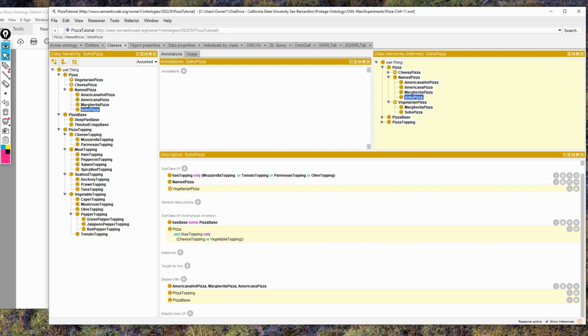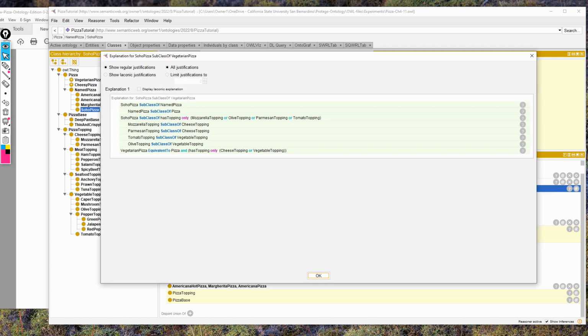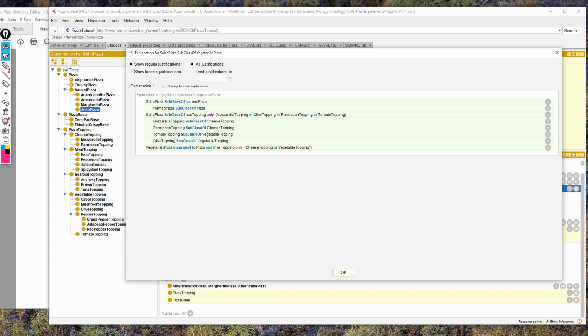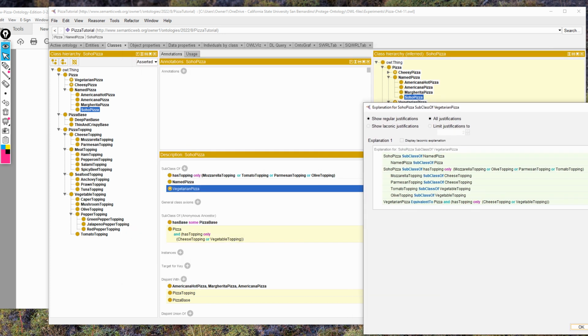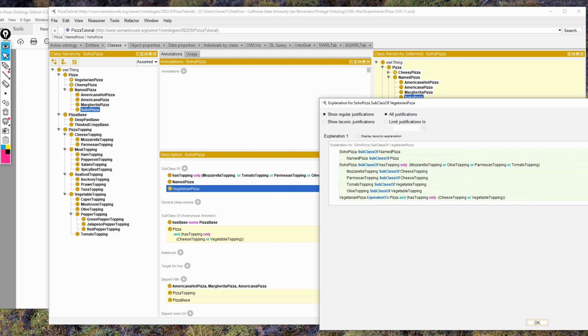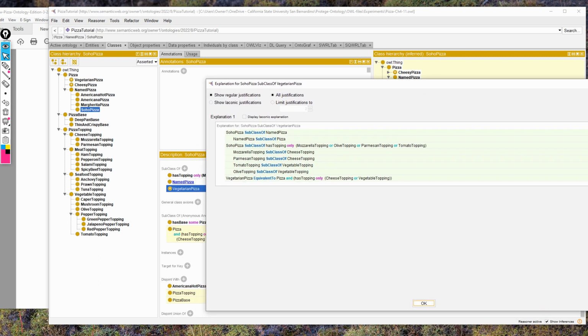Okay, so this is a vegetarian pizza, right? Just read this. And this is how the reasoner thinks about the Soho pizza and why the Soho pizza is classified as the vegetarian pizza, right?